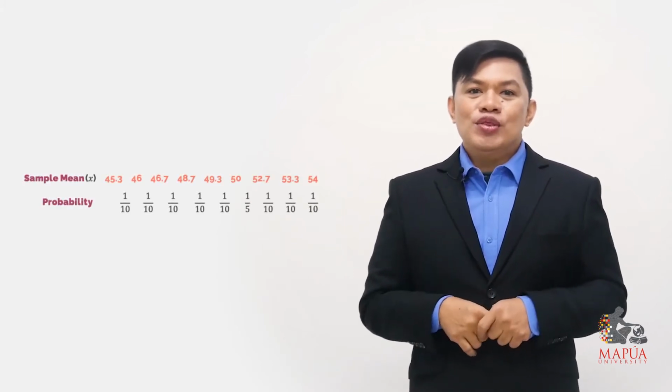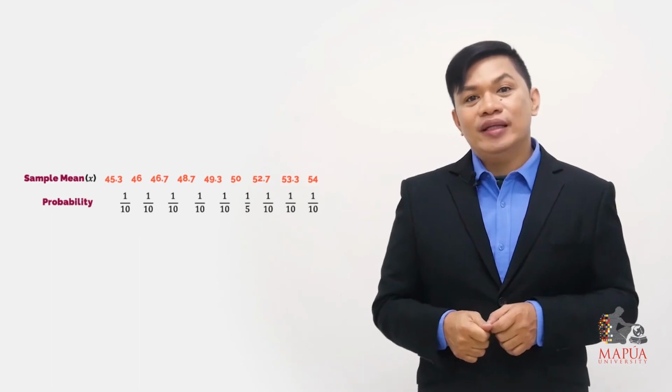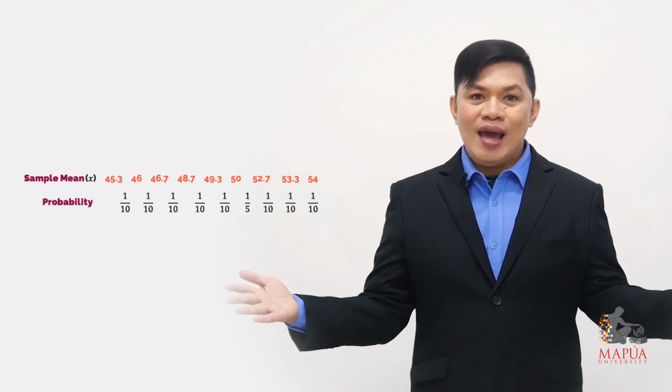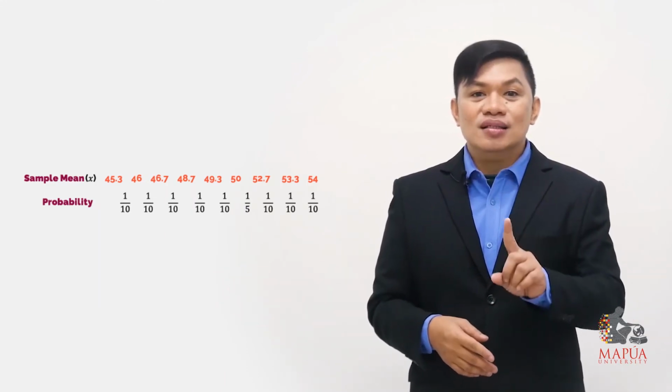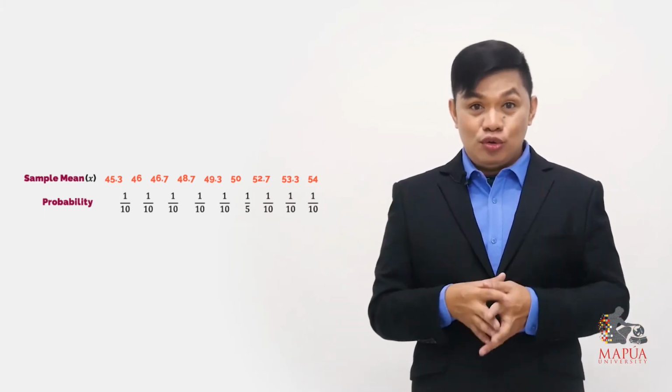On the second row of your probability distribution will be the possible probabilities of each sample mean. For example, the first mean was 53.3. So how many 53.3 did we have? It's only one. There is only one occurrence of 53.3 coming from the first group.